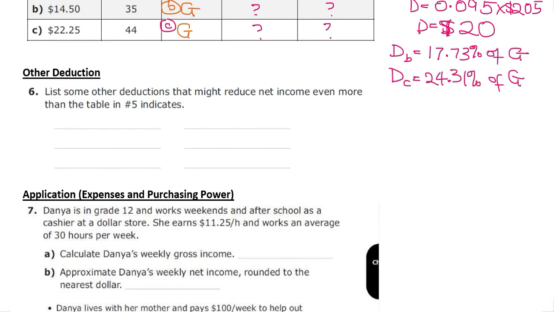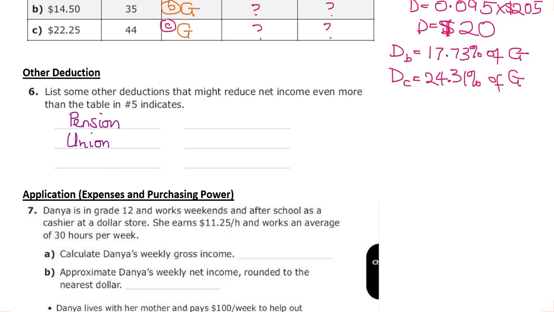Sometimes you could have an additional pension that could be taken away from your gross income, depending on what occupation you are in. Others might include unions, for example teachers. We have our unions and they take some money away from our gross income.